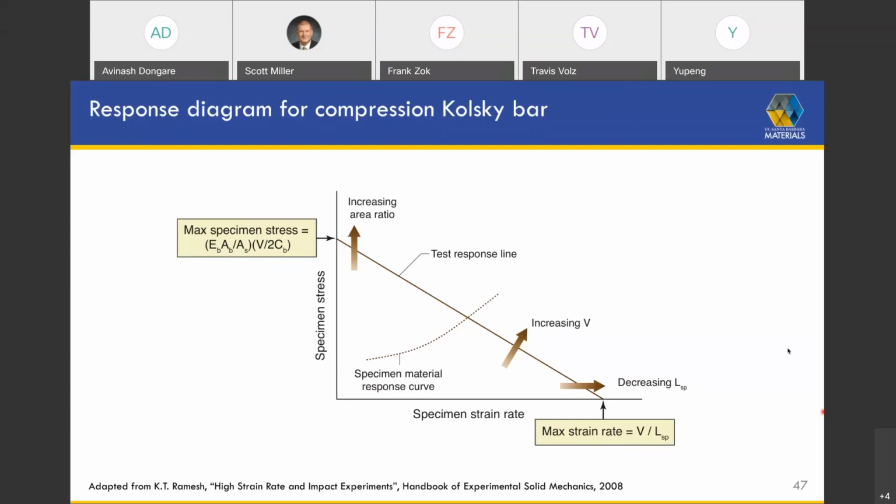So first, for the stress-strain curve on the slide, basically for the dynamic experiment, for example the Kolsky bar, the velocity is the applied boundary condition, not the strain or stress.